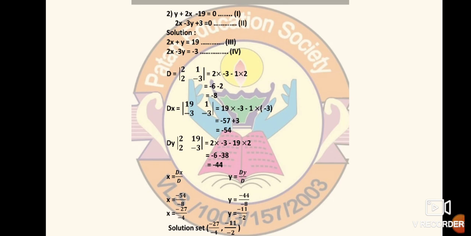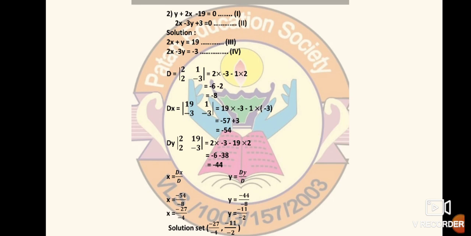Minus minus will become plus, plus 3, is equal to negative 54. As they are carrying different signs, do subtraction. 57 minus 3 will become 54, and the sign of 57, that is the greater number, so the answer will become negative 54.